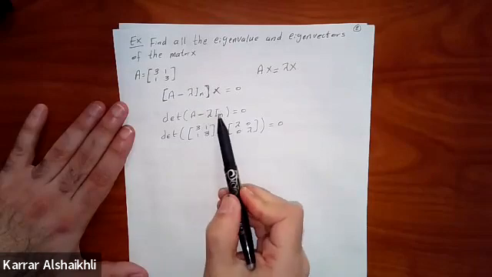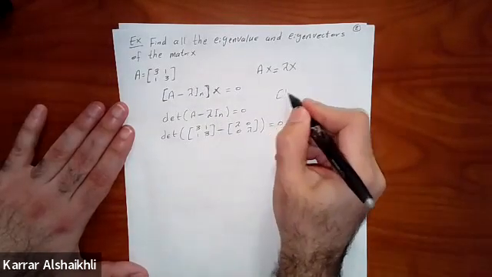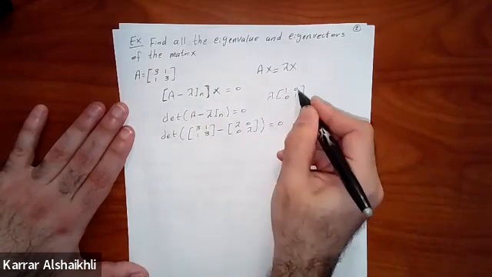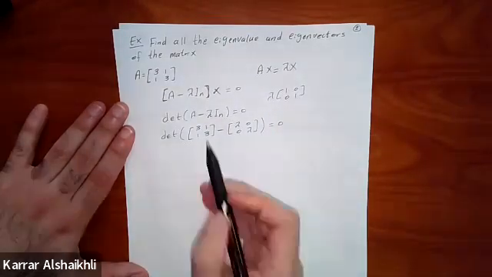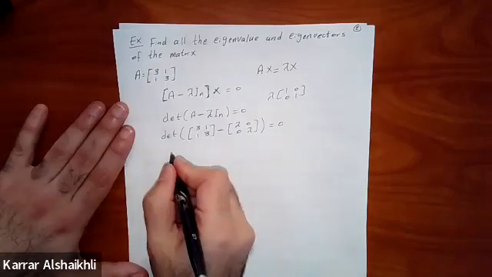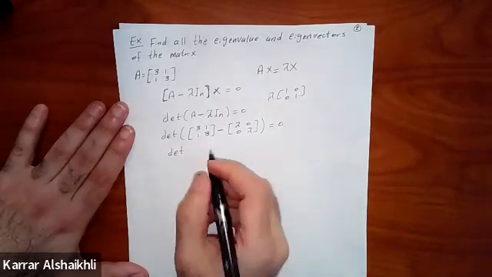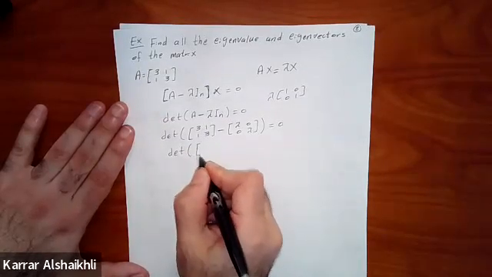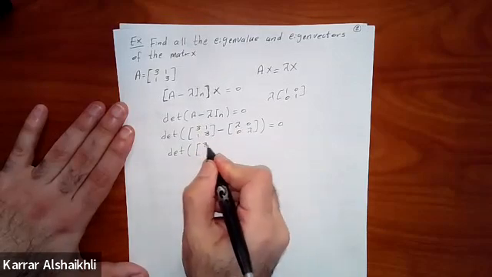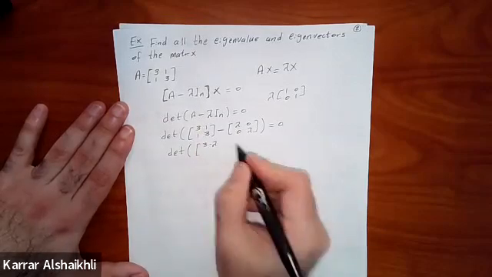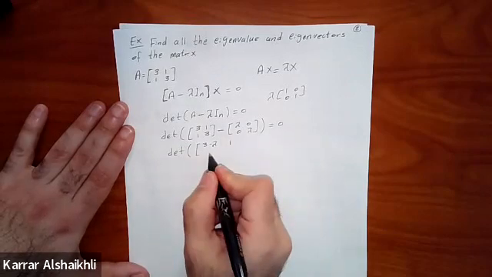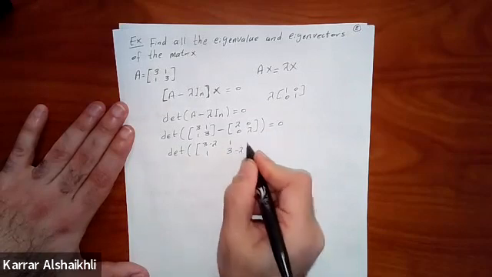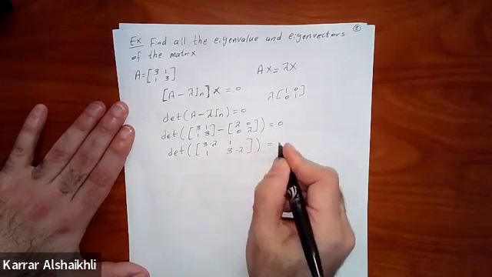I'm multiplying lambda with the identity matrix, 1, 0, 0, 1, so it's going to be lambda, 0, 0, lambda. Now this one minus this one. That means the determinant of 3 minus lambda, 1 (because 1 minus 0), 1, and 3 minus lambda, and everything is going to be equal to 0.